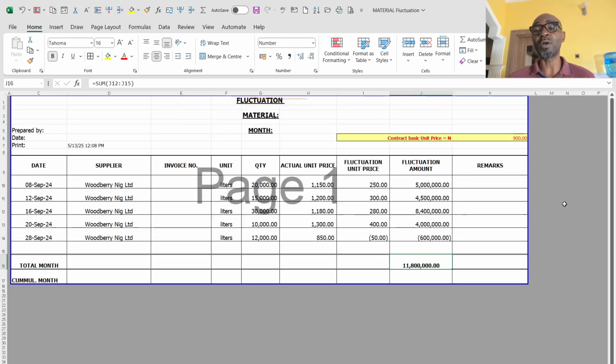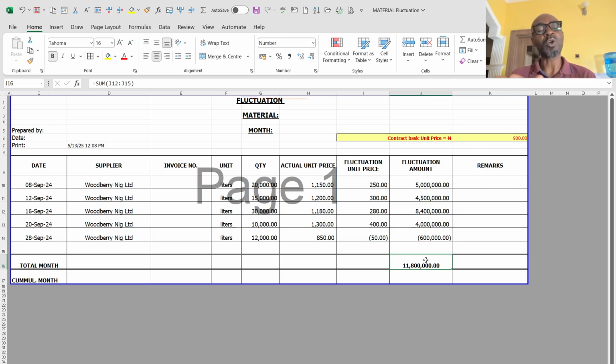For AGO as well, you have 900 as the base price, and these were the prices that Woodbury, a supplier, supplied on the 8th, 12th, 16th, 20th, and 28th September. And these are the prices: 1,150, 1,002, 1,180, 1,003, and 850. And these are the differentials in prices between the base and the actual price. And this is what is due to the contractor.